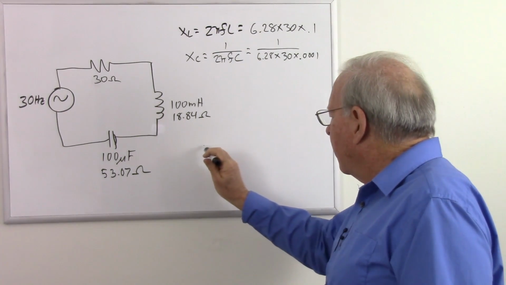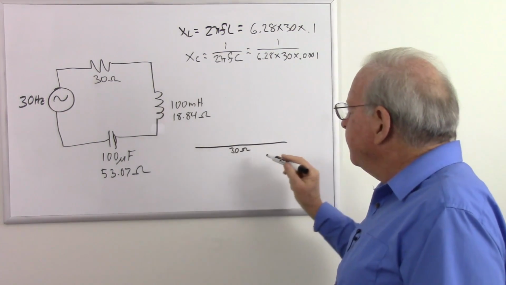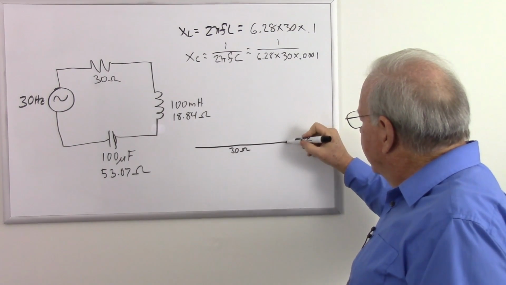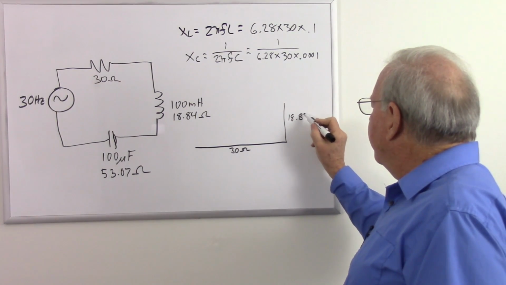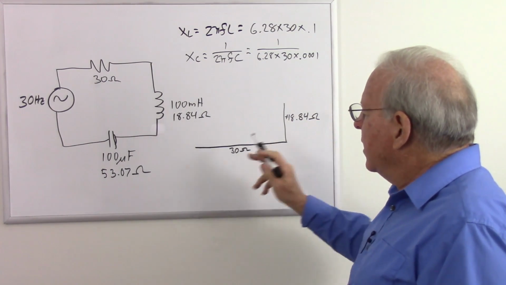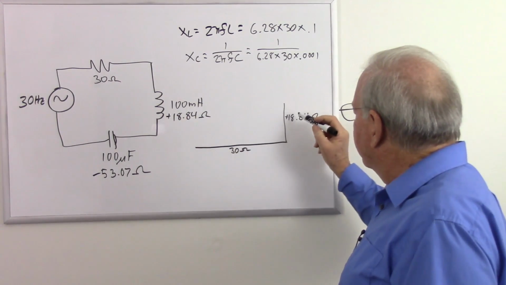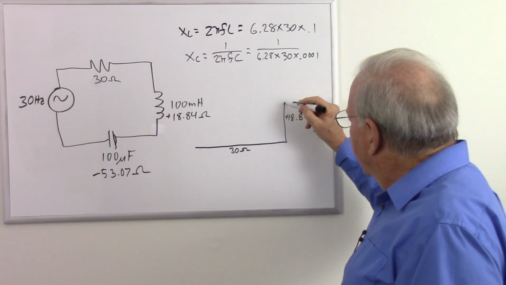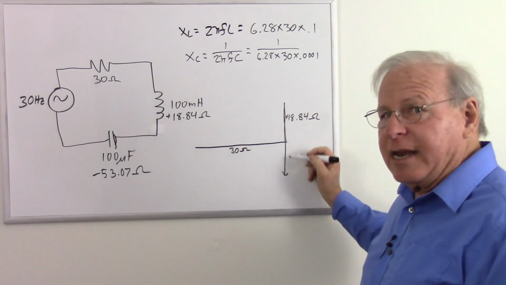Let's draw that out. Here's our triangle with our 30 ohms. And now we add 18, right about there you think, 18.84 ohms of inductive reactance, positive, but now we subtract 53.07. So we subtract 53.07, we now end up with a negative reactance.